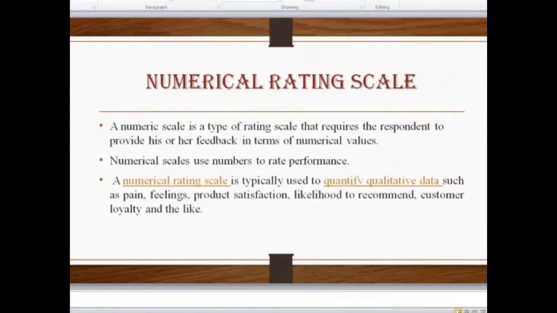A numerical rating scale is typically used to quantify qualitative data, not quantitative data, such as pain, feelings, product satisfaction, likelihood to recommend, customer loyalty, and the like. All these things can be measured with the help of this numerical rating scale.